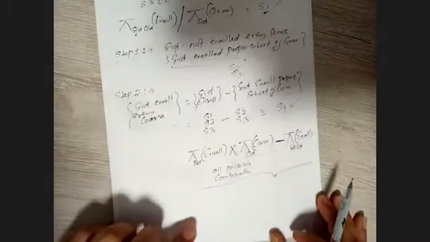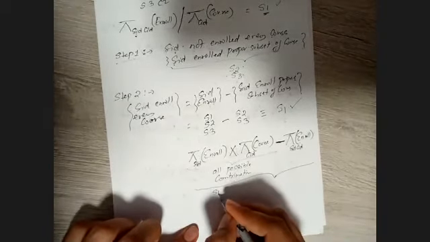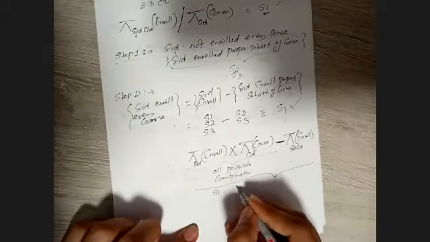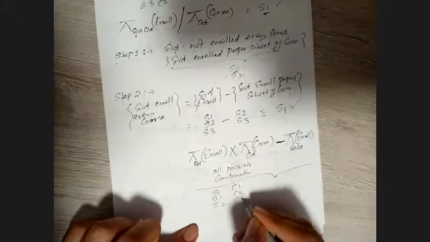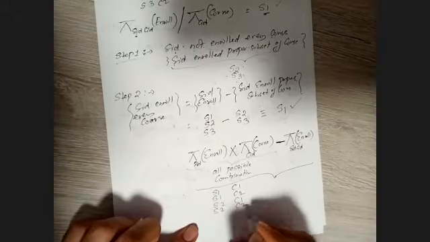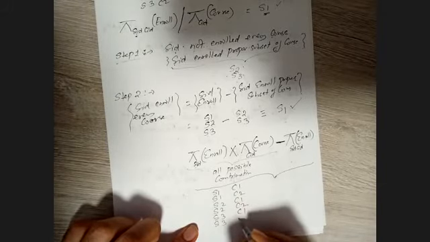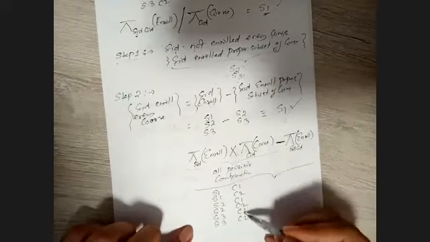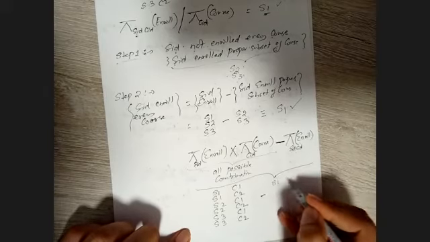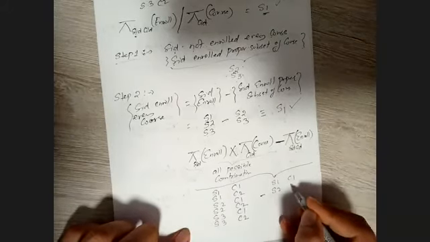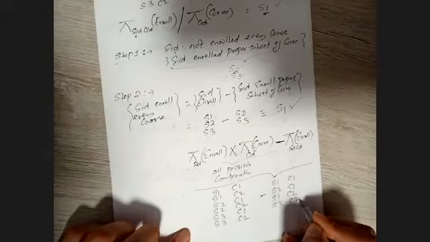Let me draw here. When we do the product, S1 is related with every course: S1 with C1, S1 with C2, S2 with C1, S2 with C2, S3 with C1, and S3 with C2 as well. This will be for this part. And here, when you subtract the actual scenario, S1 C1, S2 C1, S1 C2, S3 C2.